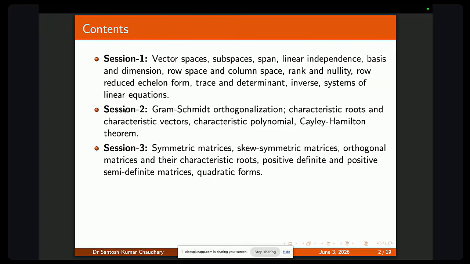Then Session 2 will discuss Gram-Schmidt orthogonalization, characteristic roots and characteristic vectors, then characteristic polynomial and the Cayley-Hamilton theorem. Session 3 is symmetric matrices, skew-symmetric matrices, orthogonal matrices and their characteristic roots, positive definite and positive semi-definite matrices, and quadratic forms.